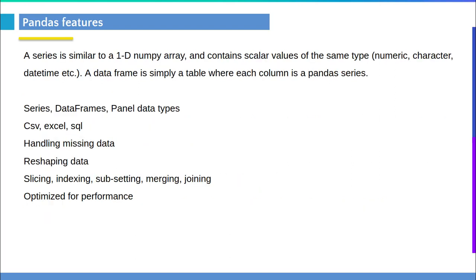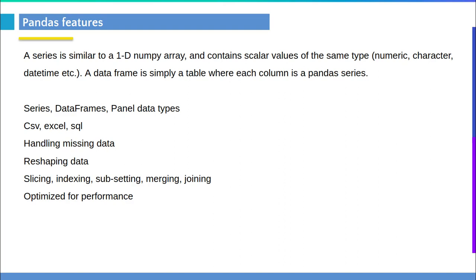There are two important data structures one should learn about in Pandas. In fact, there are three, but we are going to discuss two more, because they are highly used: series and data frames. You will be hearing these words. The third one is panel data, which we may not use now.